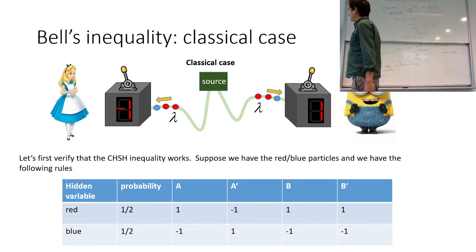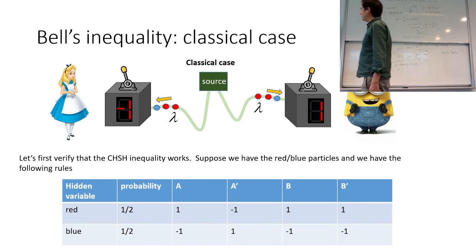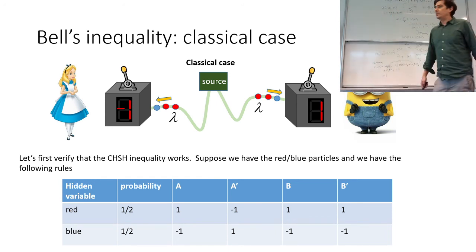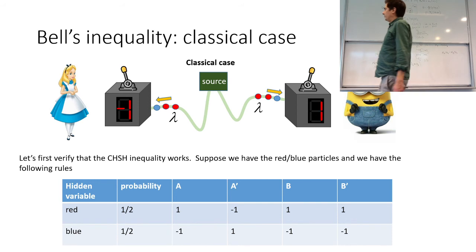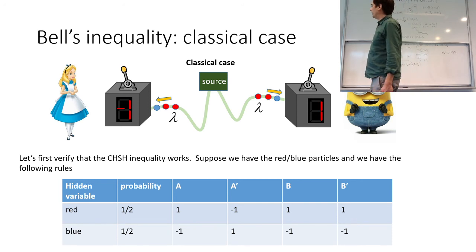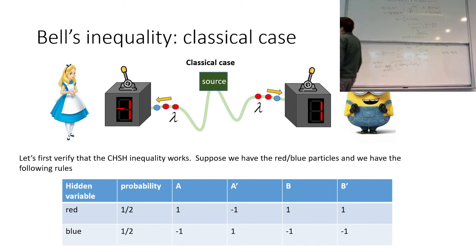Let's do a quick calculation, because it's probably easier to see how this works when you actually do something. So let's look at this classical setup first. I said that each of these particles might have a huge number of degrees of freedom, but to keep the story simple, let's say that it's just 2 variables, red and blue.